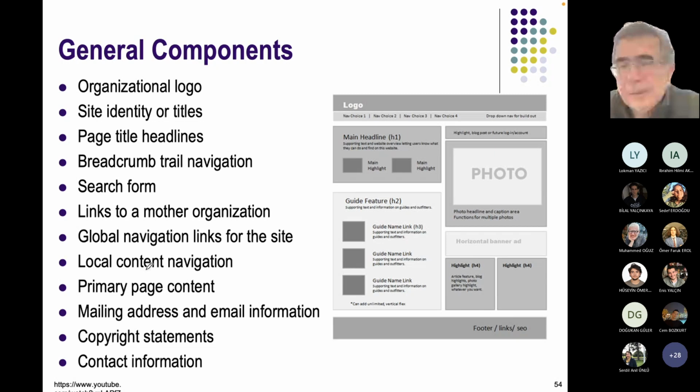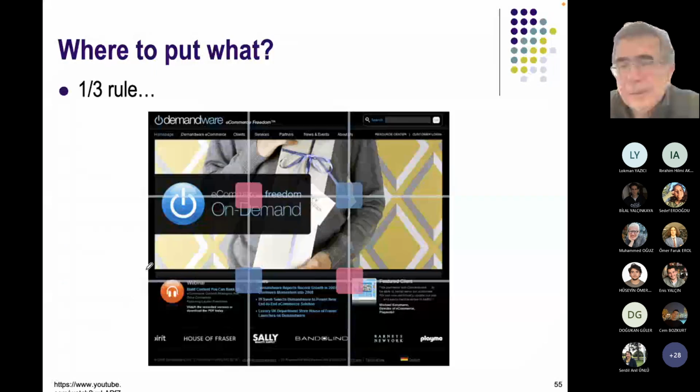How? There is a 1-3 rule in visual communication design. If you divide the content into 3 like this, you either fill this part or fill this part or fill this part separate.